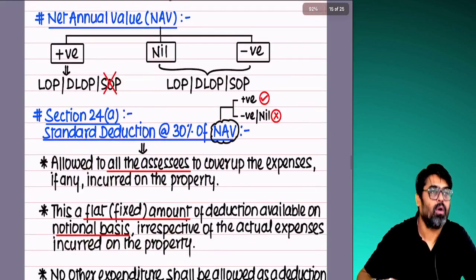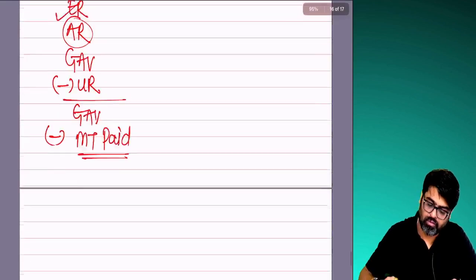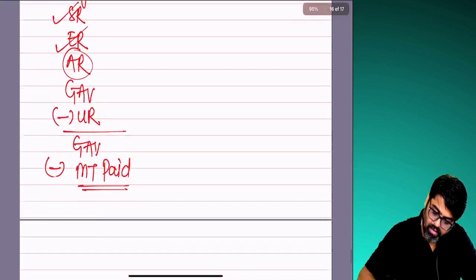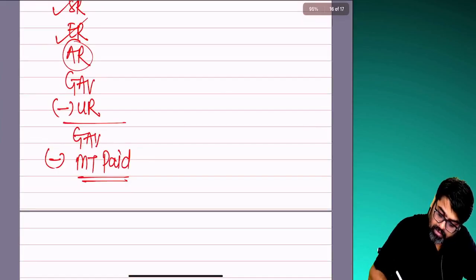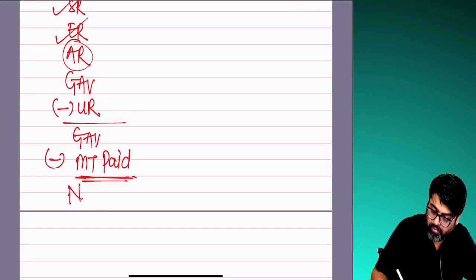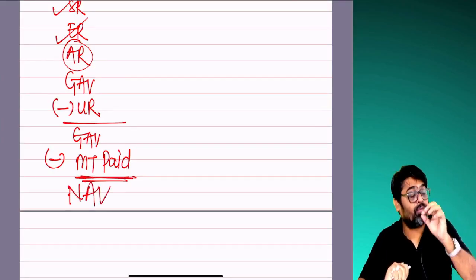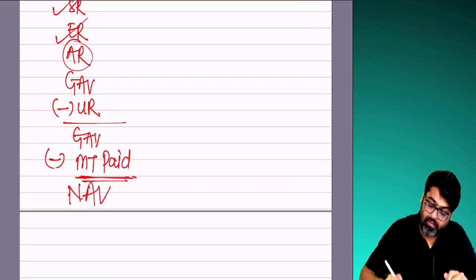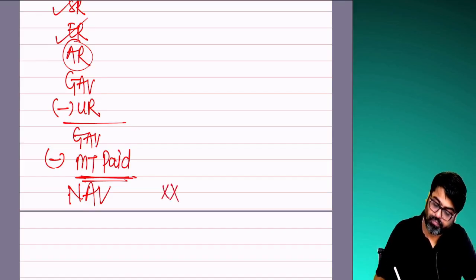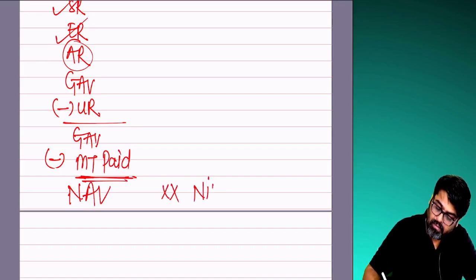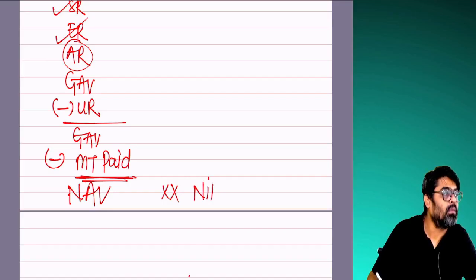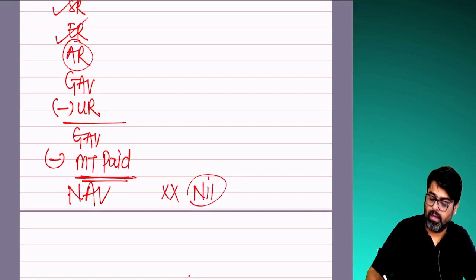Okay, now see, go to this table. We are here, municipal taxes paid. After municipal taxes are paid, what will be the final amount? So my first question: NAV can be a positive amount, NAV can be nil, can your NAV become nil?